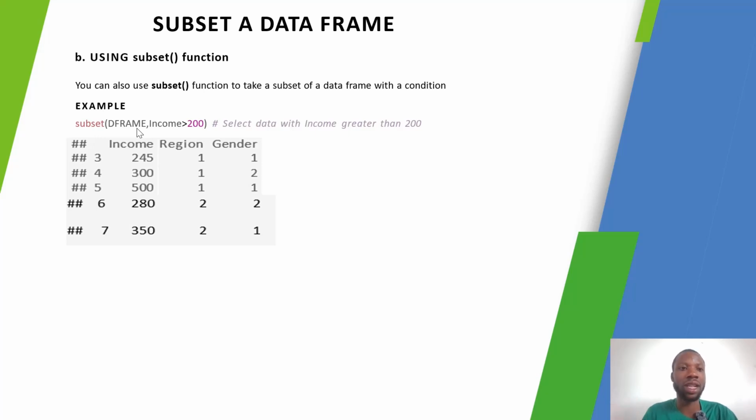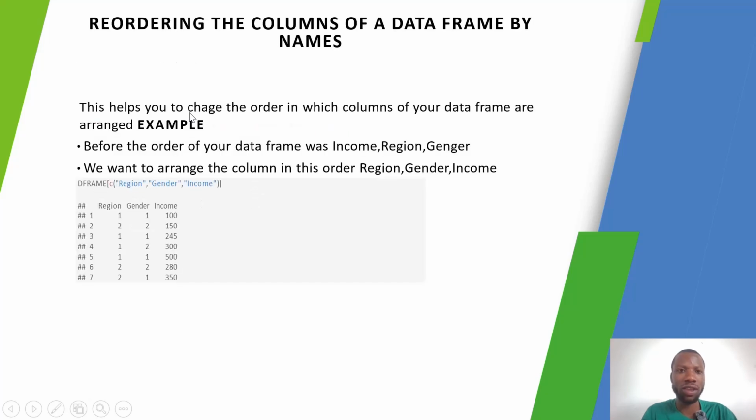Then we type subset, put the name of the data frame, comma, the variable that we are looking for, and then the greater-than operator. It is going to print all of the observations, making sure that the income is above 200 as you indicated. So that is a simple way.